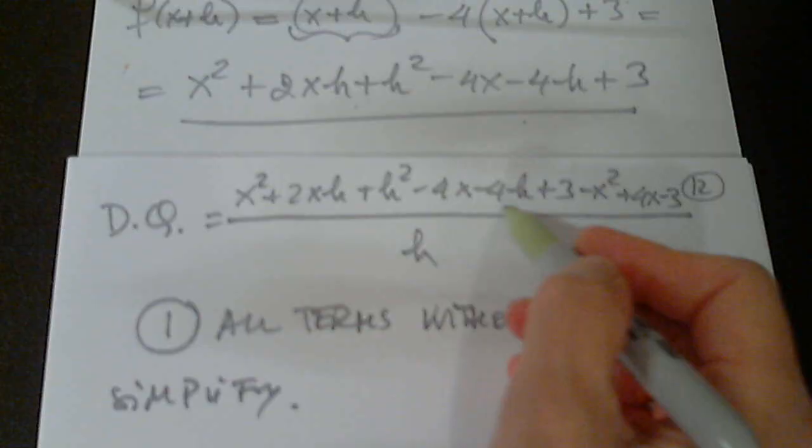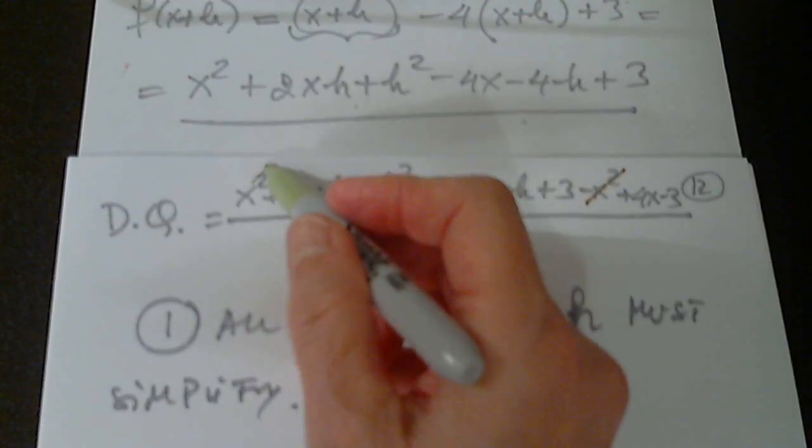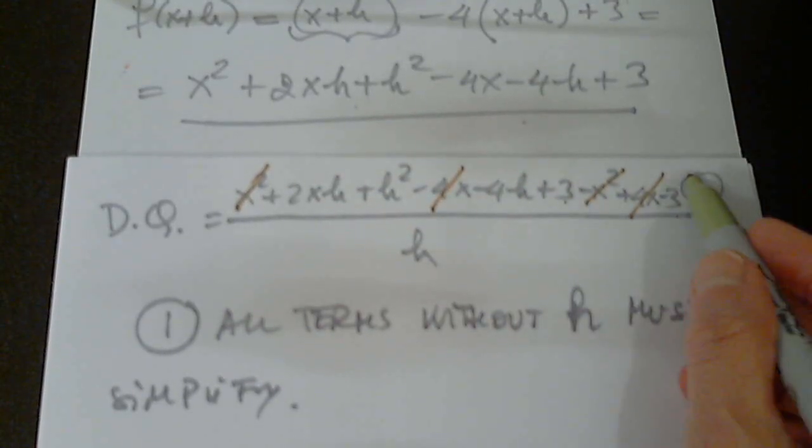Okay, so x squared, does it simplify with a negative x squared? Yes, it does. Negative 4x with 4x, yes, it does. And positive 3 with negative 3. All terms that did not have h disappeared.